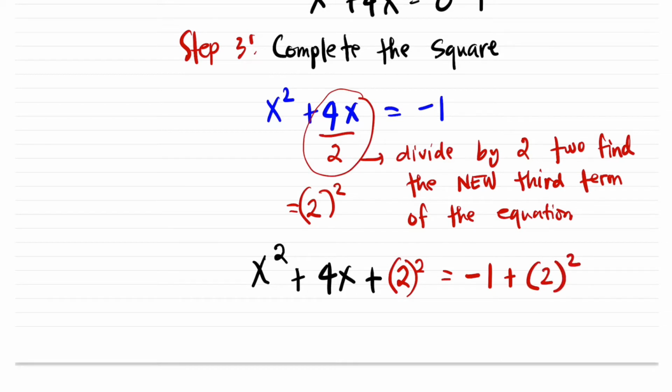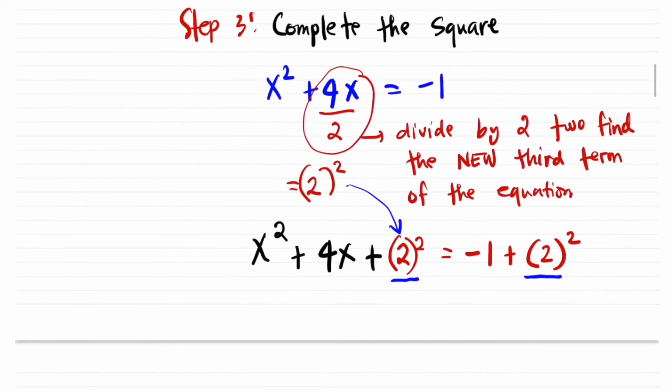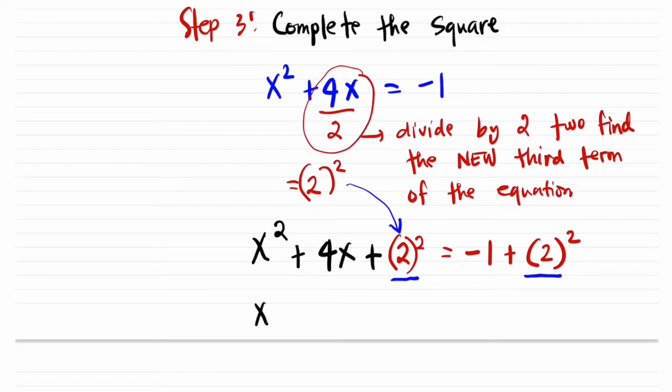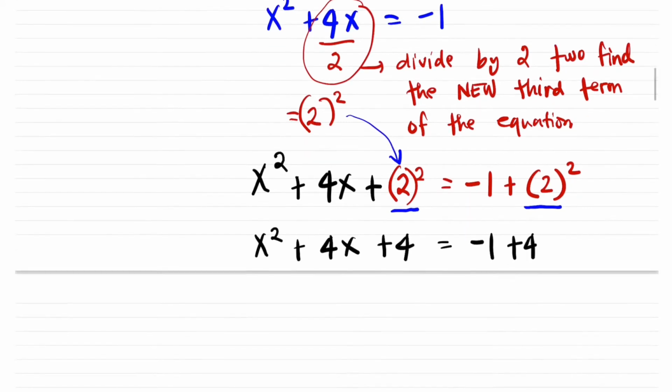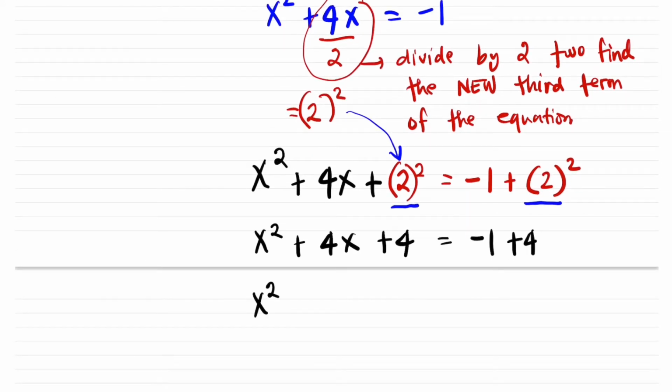So whatever we add here, we add it on the other side. So our new equation now becomes x squared plus 4x plus 4 is equal to negative 1 plus 4. We simplify further, it becomes x squared plus 4x plus 4 is equal to positive 3.